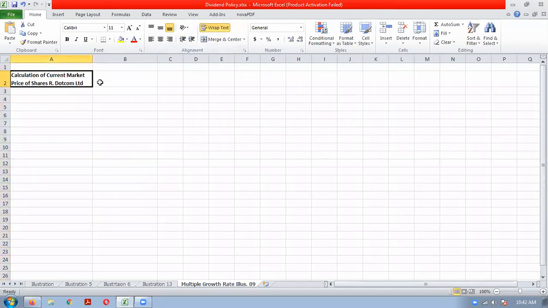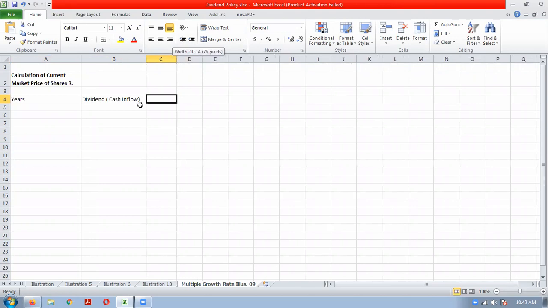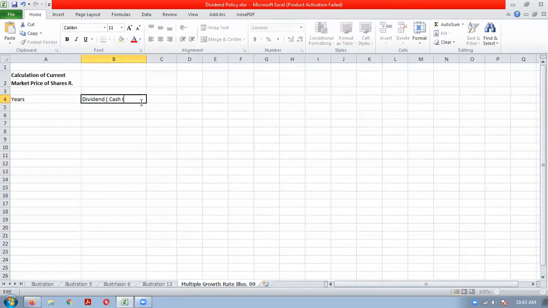So the multiple growth model is simple. First we will do years, dividend, cash inflow, write dividends only.